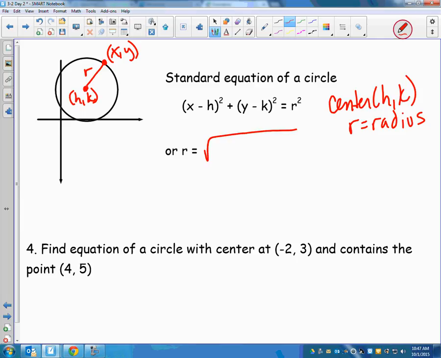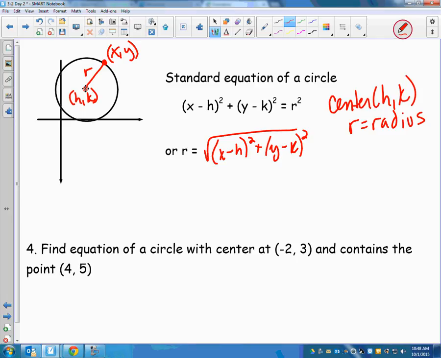You would get the square root of x minus h squared plus y minus k squared. Notice it's not plus or minus because radius is a distance, and so that distance is always going to be positive. That should look vaguely familiar as the distance formula, the distance between 2 points.